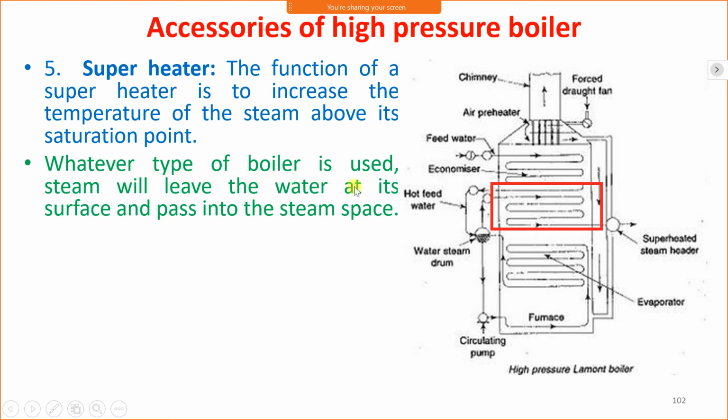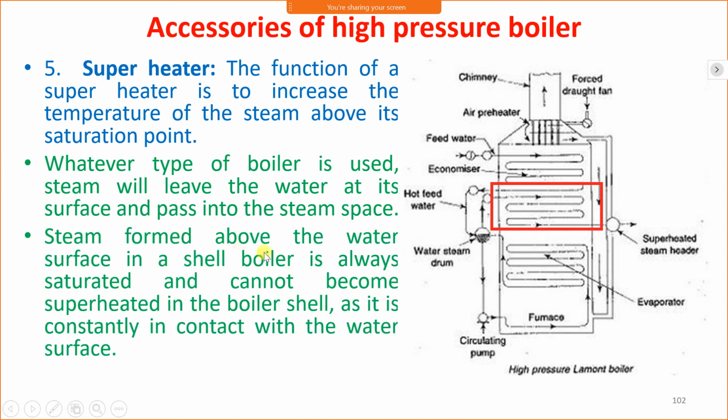Whatever type of boiler is used, the steam will leave the water at its surface and pass into the steam pipe. Steam formed above the water surface in the shell boiler is always saturated and cannot become superheated in the boiler shell, as it is constantly in contact with the water surface.